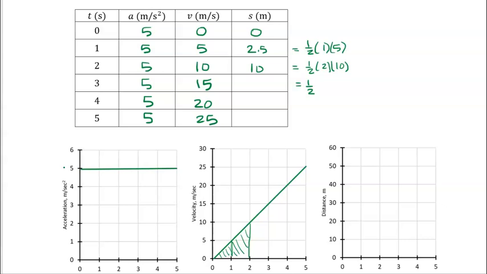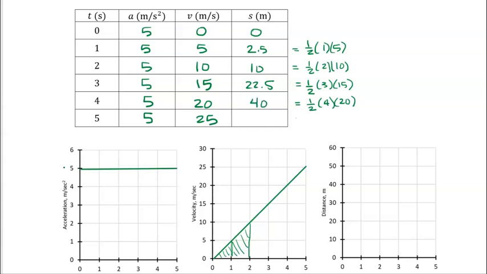It looks like my base would be 3 and the height of the triangle would be 15. So the distance will be 22.5 meters. And then at 4 seconds, the base is 4 and the height is 20. So 80, half of 80 is 40. Now I'm at 40 meters.